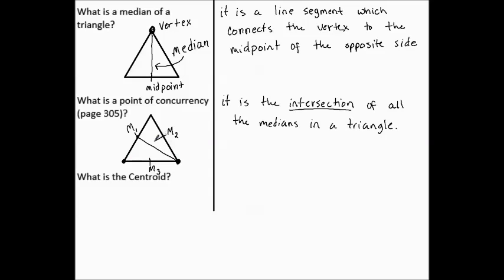M2, the same way, and finally M3. If our midpoints were plotted correctly, then they will all intersect at one central point. This is the point of concurrency. Let's highlight that. So the point of concurrency will be here, right in the center.